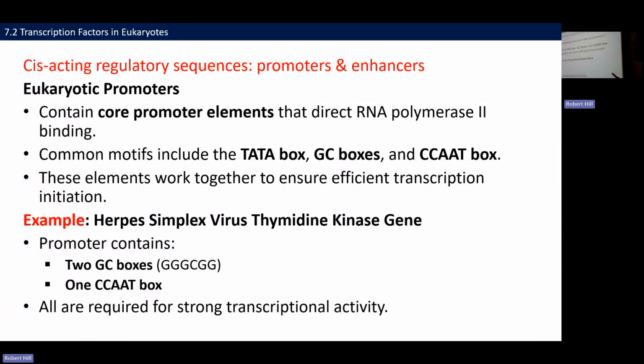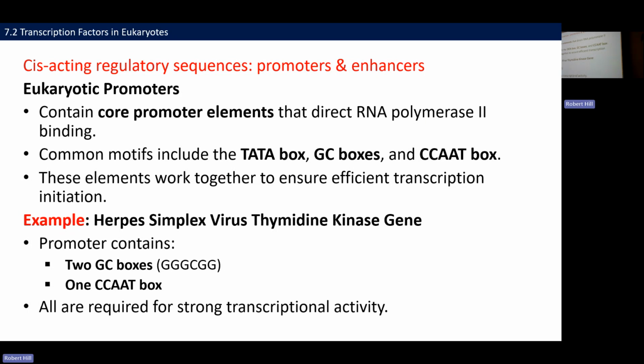A good example of a promoter that's actually found in herpes virus, but that's okay because a lot of eukaryotic promoters, in terms of evolution, actually come from viral integration, is the herpes simplex thymidine kinase gene.